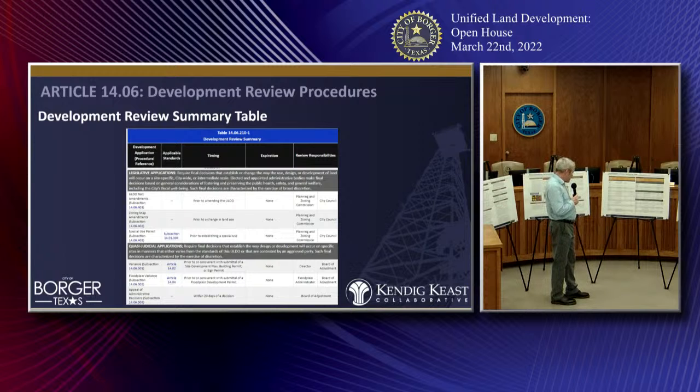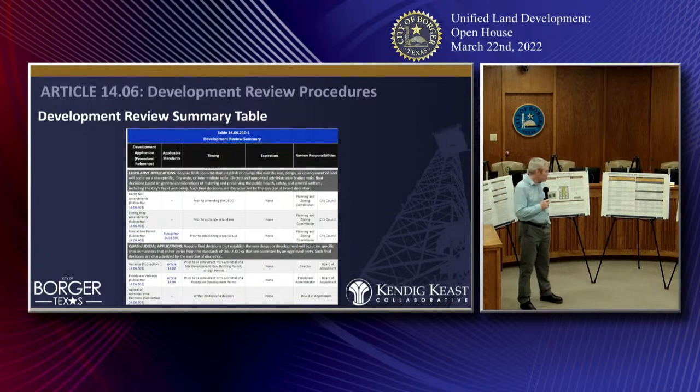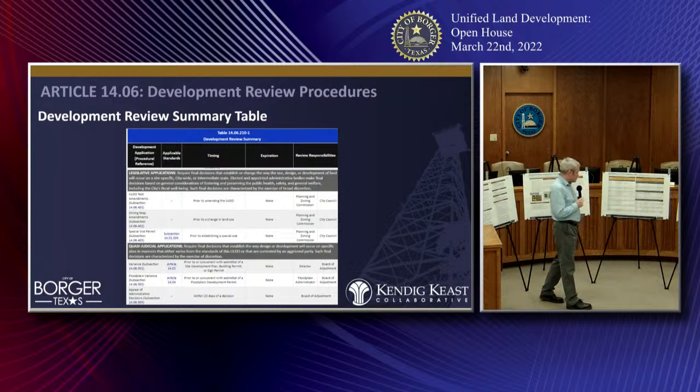Some things never expire, like a rezoning. Once a property is zoned, it doesn't change. If they never do anything on that property that they had a rezoning for, it doesn't go back to what it had been if they never build their project there. It just stays until someone else wants to rezone it, or that same person wants to change the zoning to something different. So that's what the expiration column does.